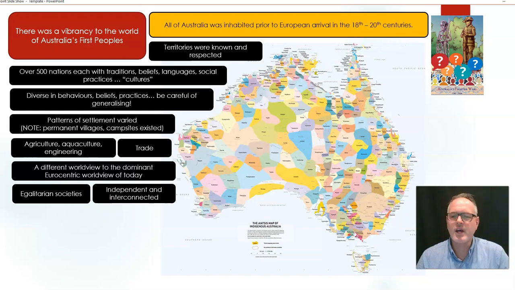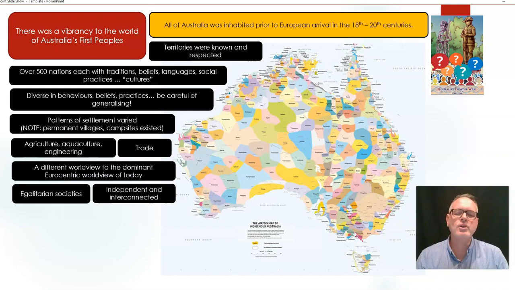I've already started to touch on this. As we talk about settlement and engineering and agriculture and trade, we need to accept that the Australian continent is very different. So there's a very different worldview, a way of seeing life, a different perspective on nature and trade and agriculture and engineering than the European mindset that we're used to.